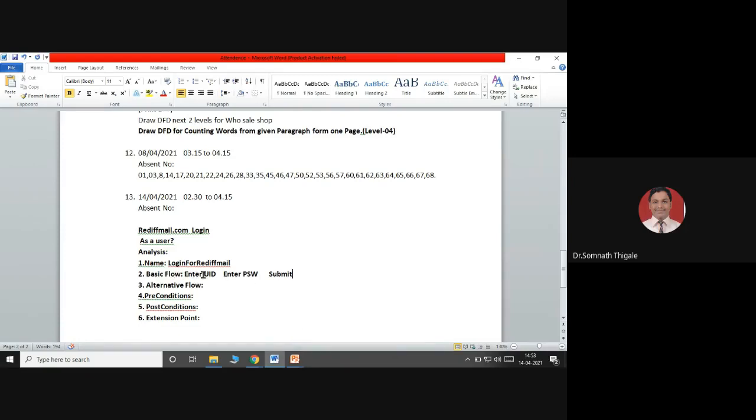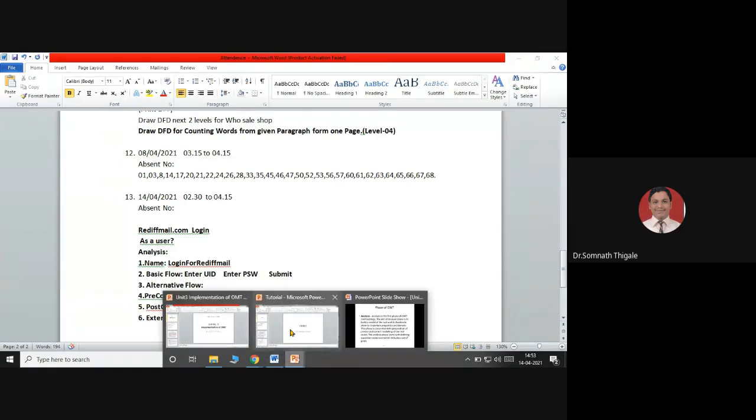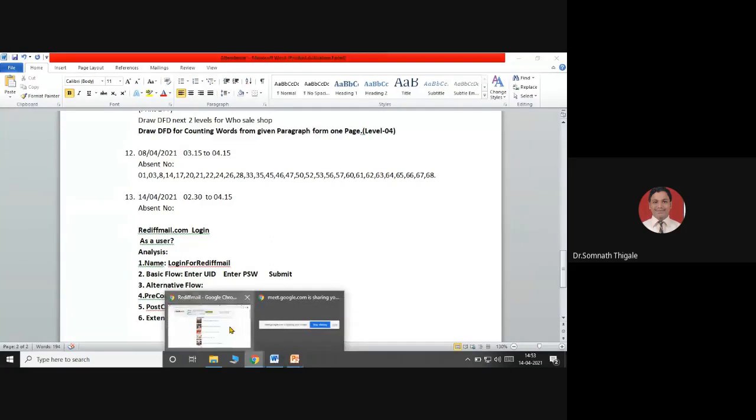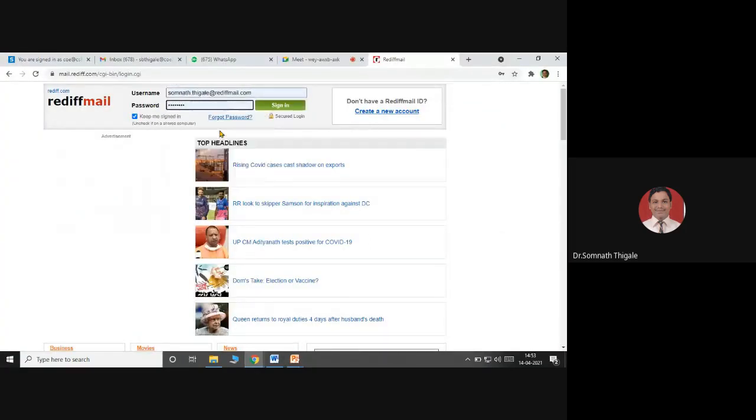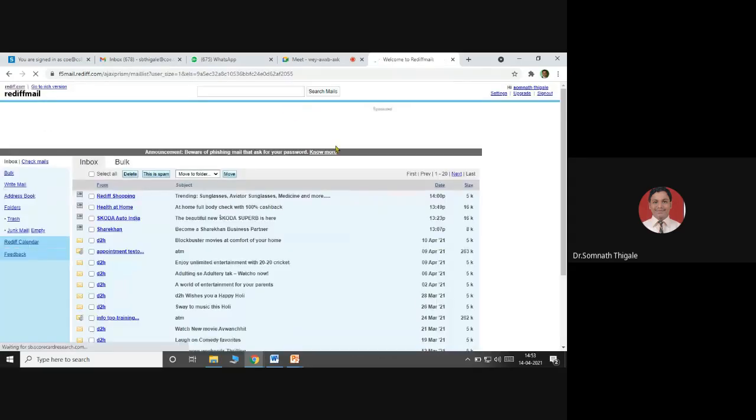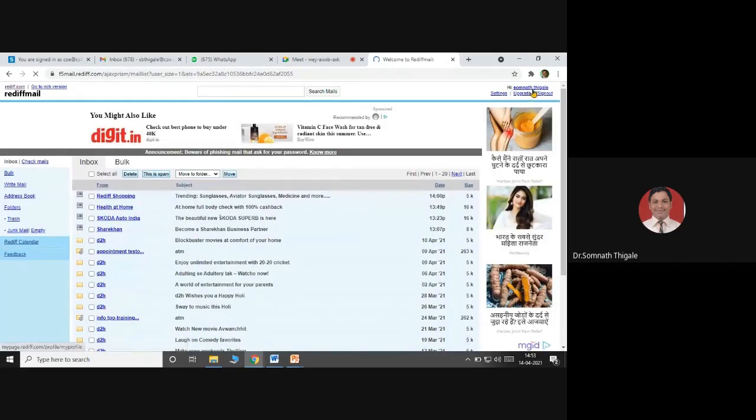So as soon as I click on this, whatever happens, I'm calling the basic flow. I'll enter my user ID, my password, and click on submit, or simply sign in. When I click on sign in, I get the message, hi username. It means welcome user, for example.